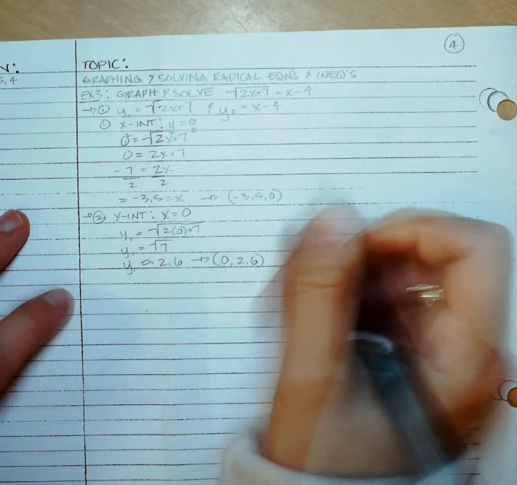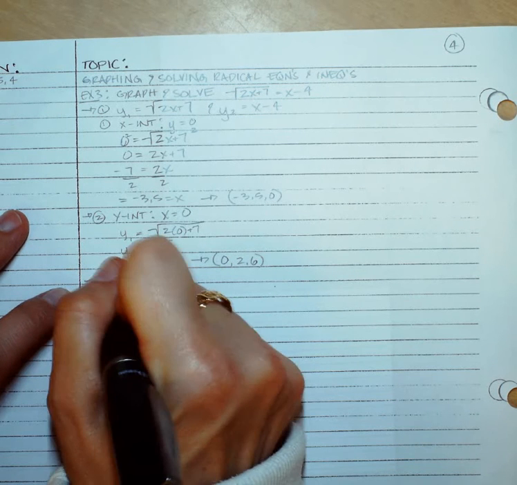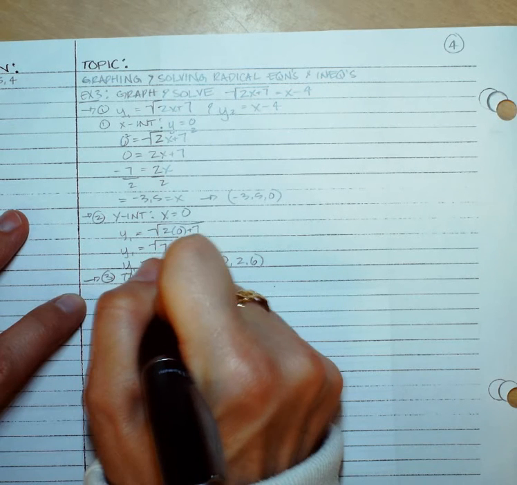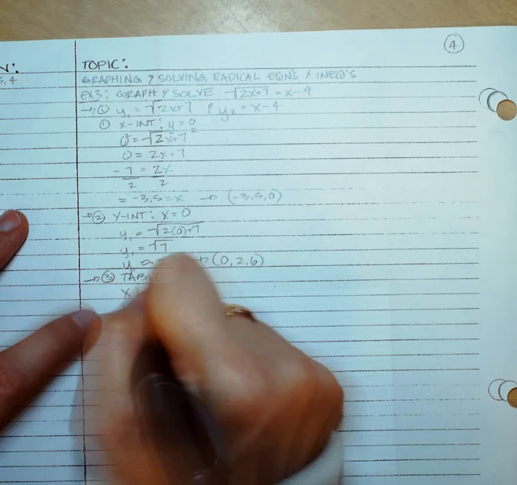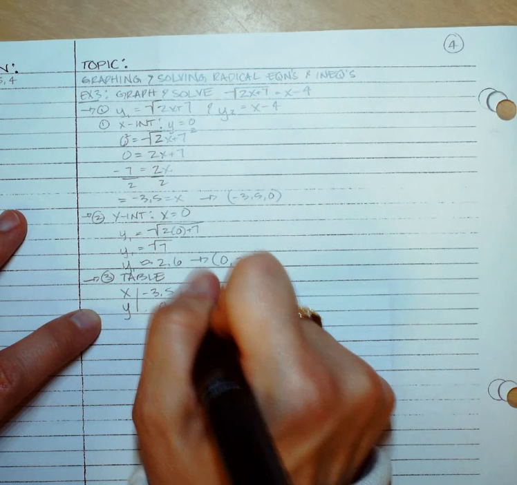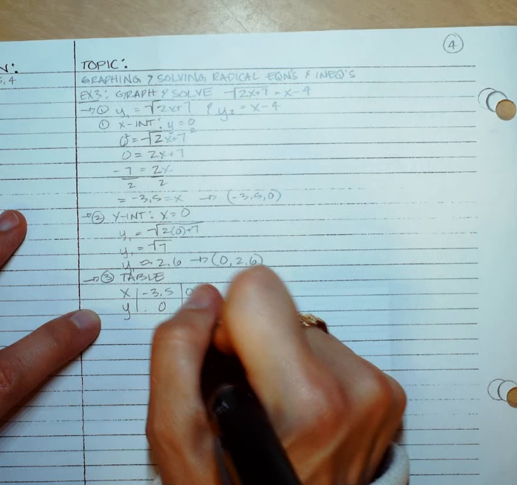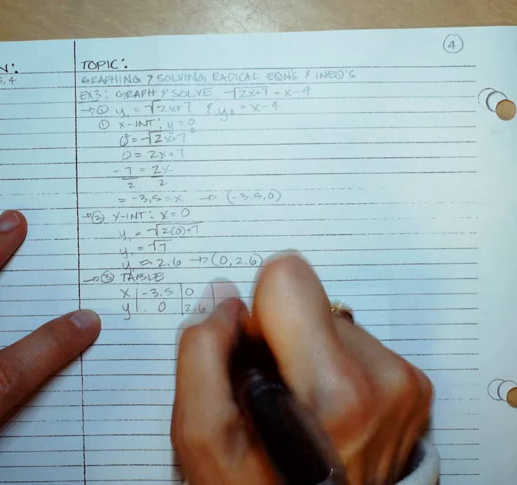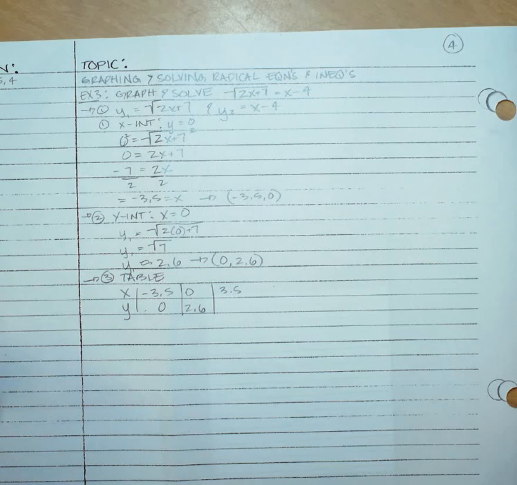Now I need one more point. So we said negative 3.5 gave us 0. We said 0 gave us 2.6. Let's go with positive 3.5. Why not? That seems adventurous.